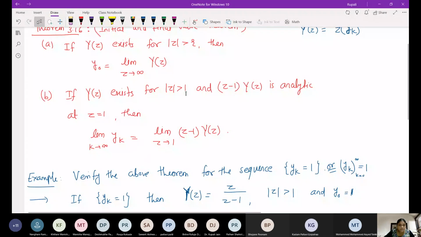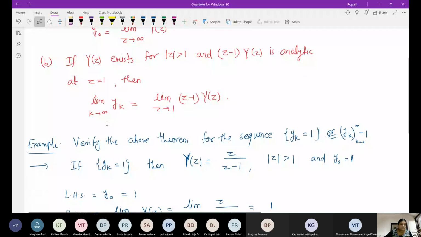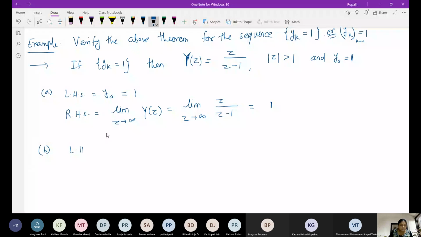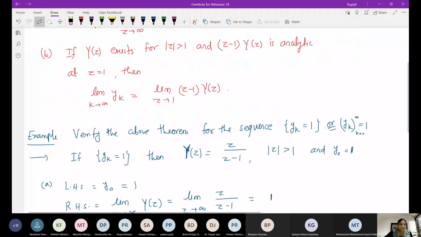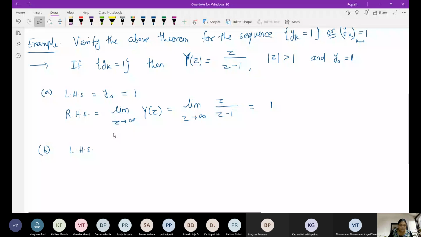And second one is: if Y(z) exists for mod z greater than 1 and (z minus 1) Y(z) is analytic, we want to prove this. So for second part, this is my A, what is my B? LHS is limit k tends to infinity y(k). What is the limit of that constant sequence 1, 1, 1, 1, 1 as k tends to infinity? 1 only, no?